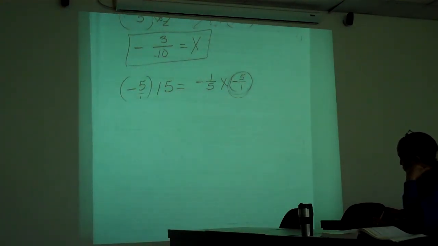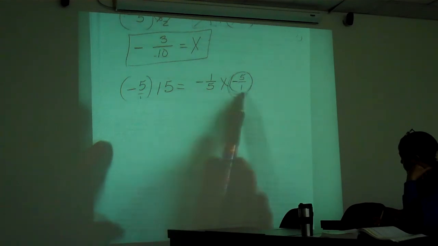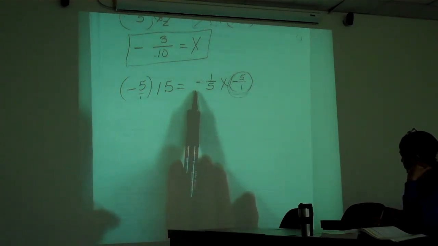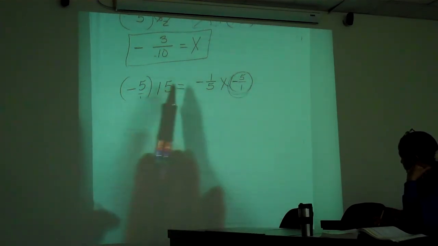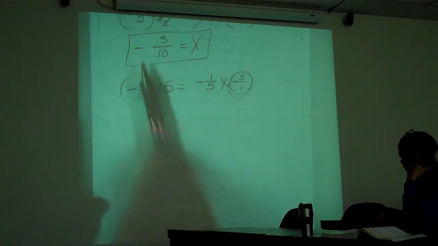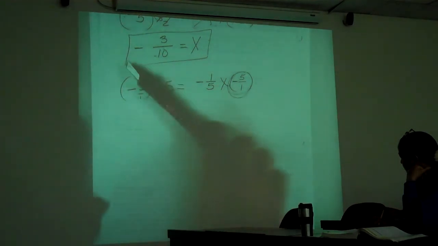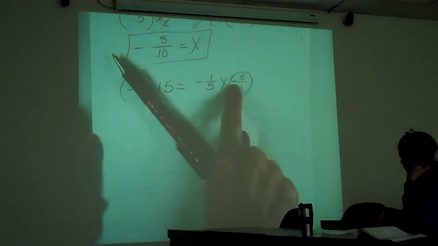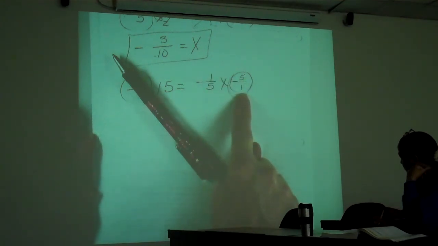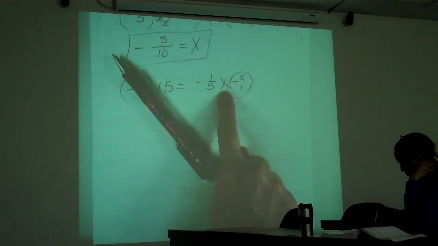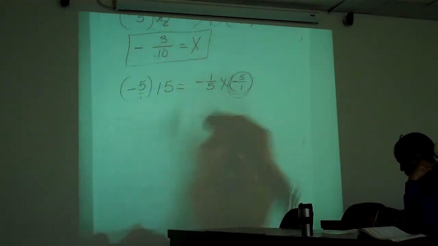Wouldn't that be -1? Which part? This one? 1 times 5 is 5. 5 times 5, it's 5/5. On this side, we're going to have positive 5/5, which is positive 1. Positive 1x, what is 1x? Same as x. That's why we multiply by the reciprocal.